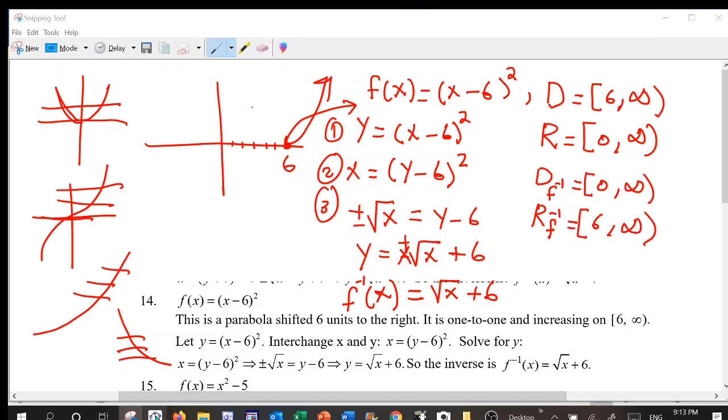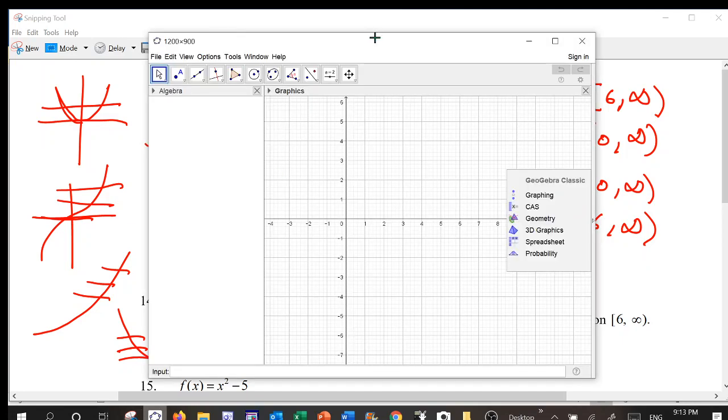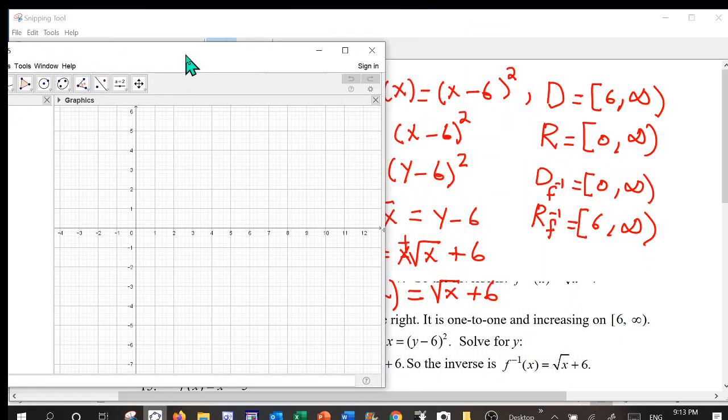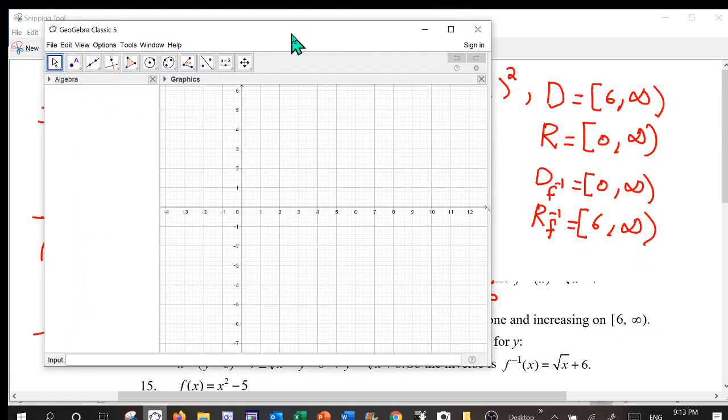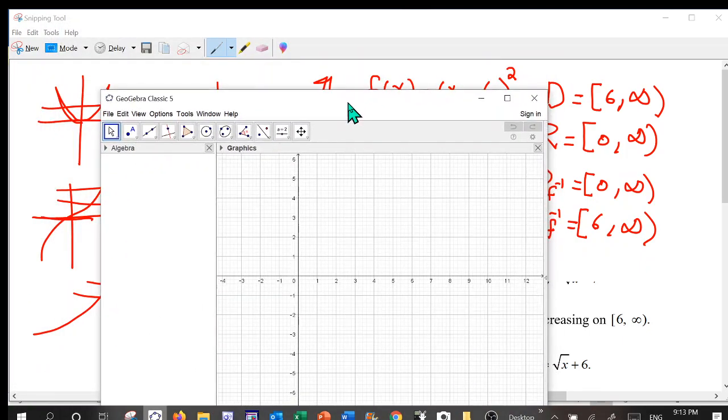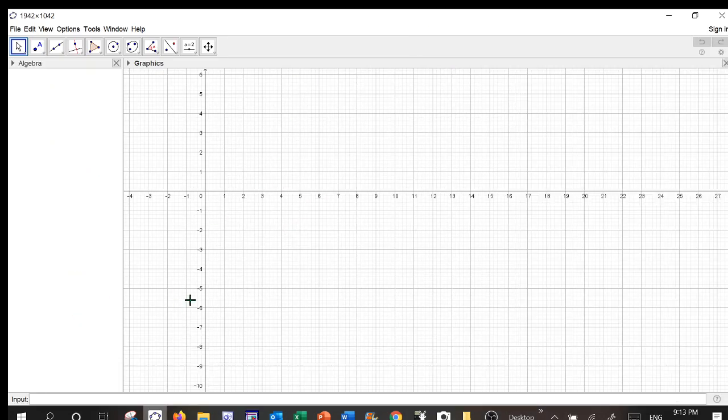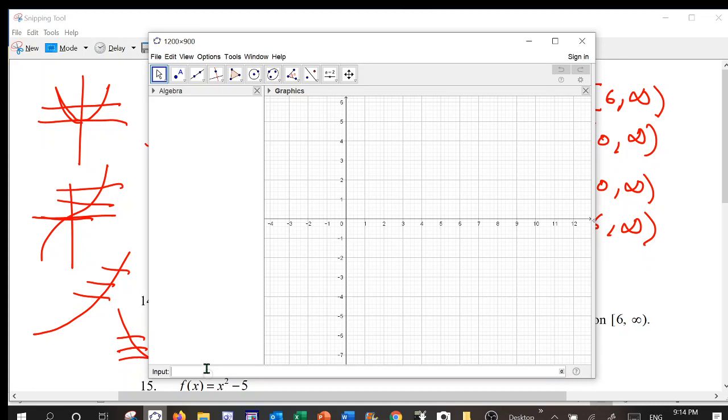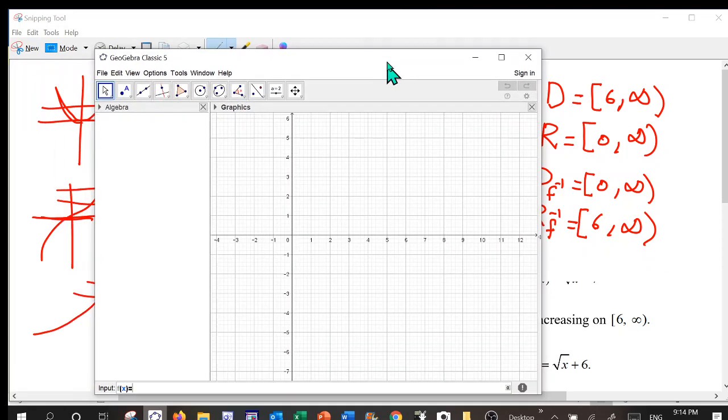So let me graph it with GeoGebra so you see the graphs are actually symmetric with respect to y equals x. So let me graph x minus 6. Now what I want to do, I want to do it this way. I'm going to put f of x equals, and move this so I can see what is x minus 6 squared.